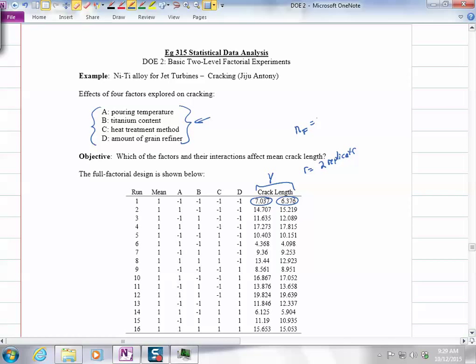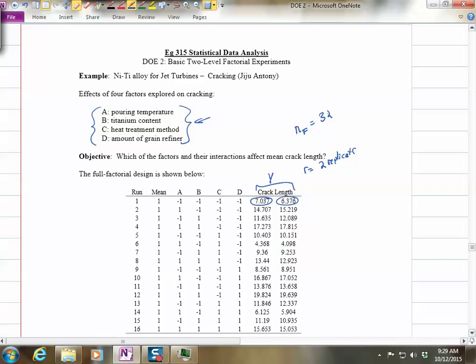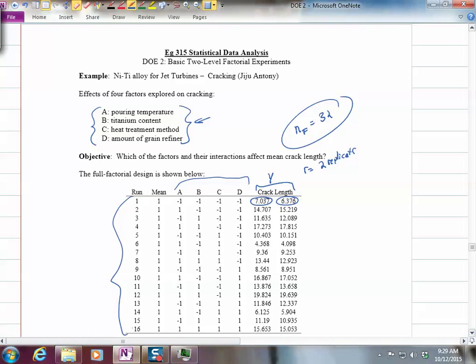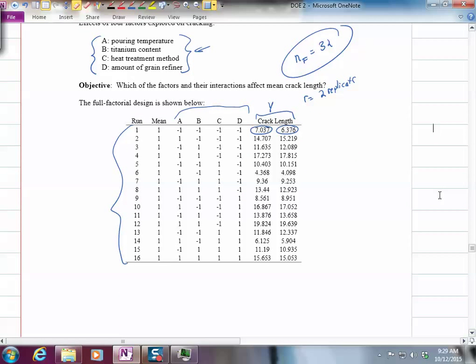How many total experiments? Good, 32 total runs. Okay, good. So we have 16 unique experiments, 2 replicates at each experimental condition. And this is the standard run order, but remember, in the real world, we would randomize these.